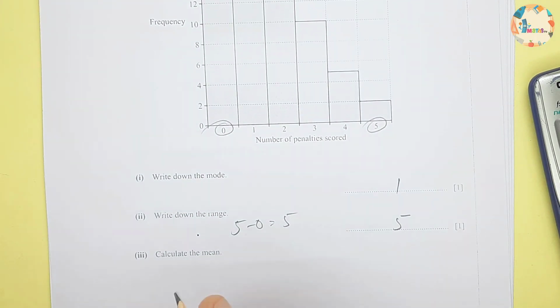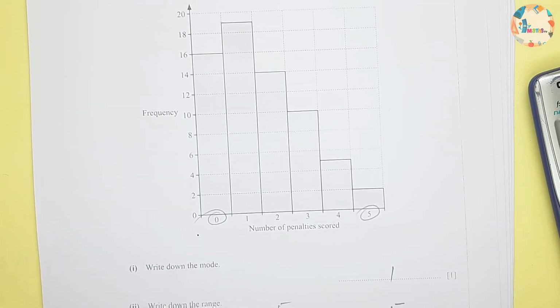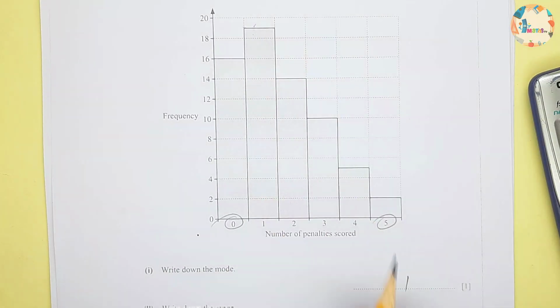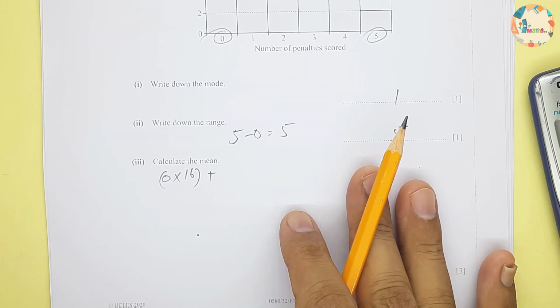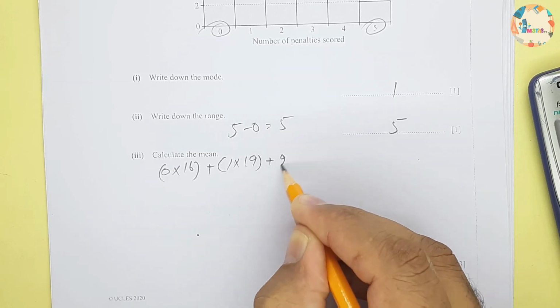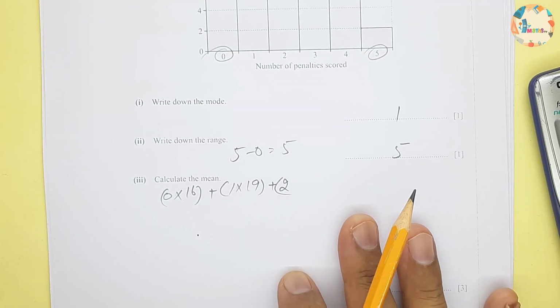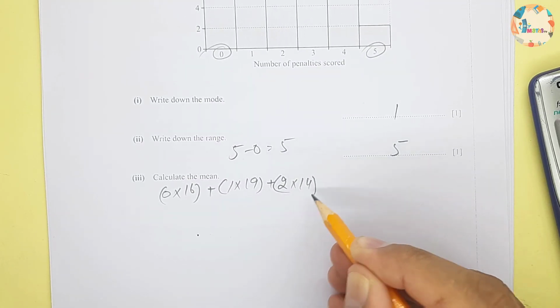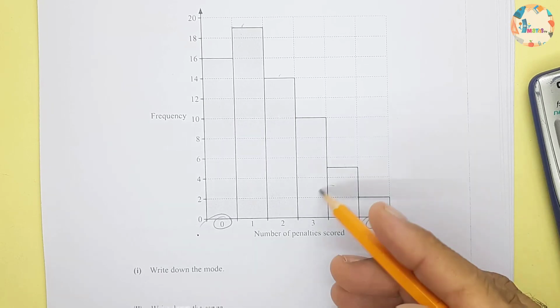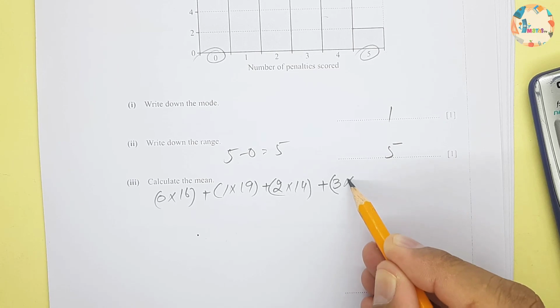So we'll write 0 multiplied by 16 plus 1 multiplied by 19, and then 2 multiplied by 14 plus 3 multiplied by 10.